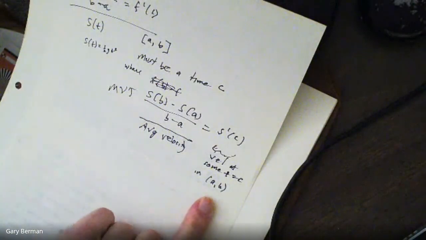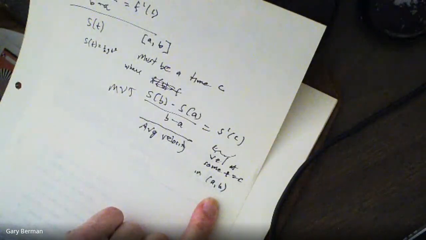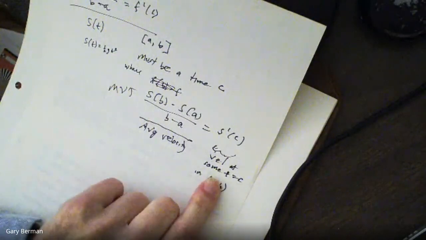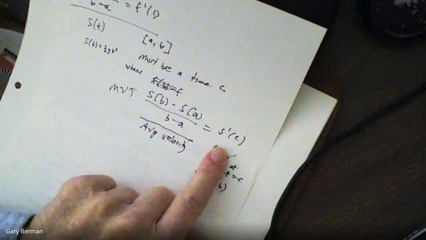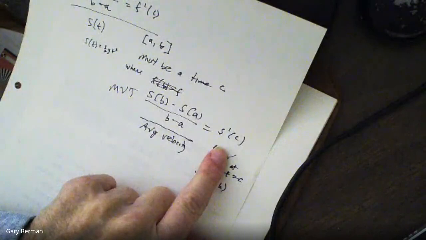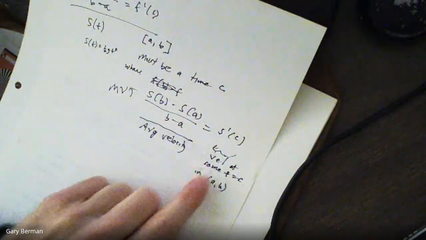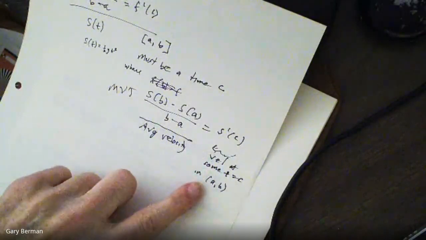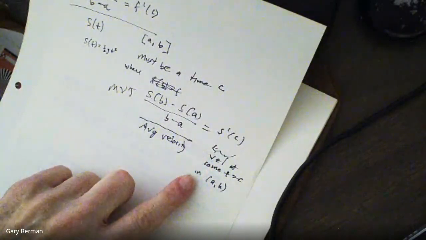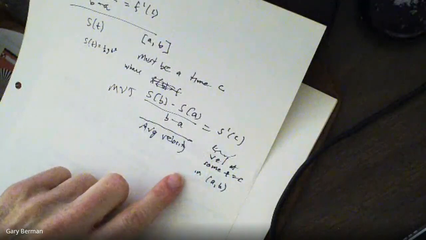The mean value theorem tells us that there had to be some time between the initial time and the ending time where my instantaneous exact velocity occurred, meaning the following. I'm going to express this a little more carefully.